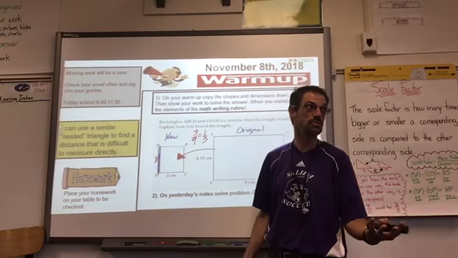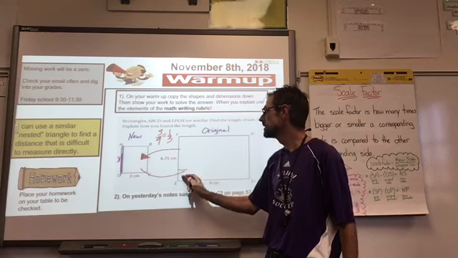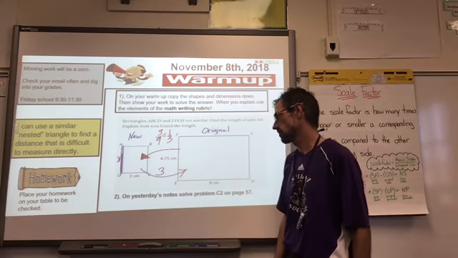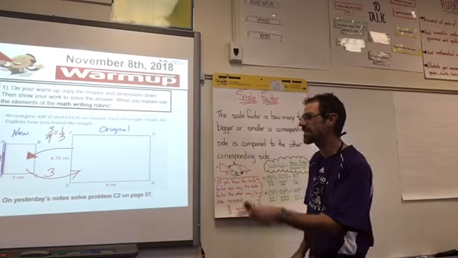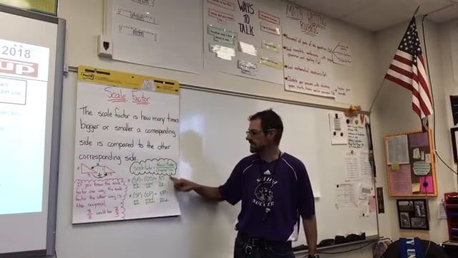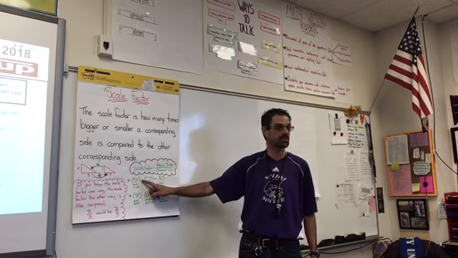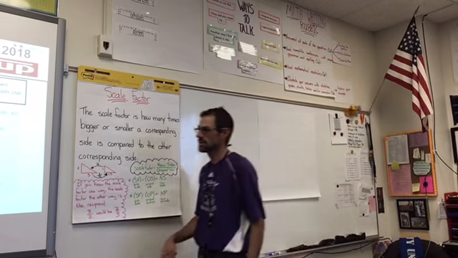Okay, so hold on. So now that I have a scale factor of 1/3 going this way, my scale factor going that way is 3. It's the reciprocal of 1/3. So now that I have my scale factor of 1/3, I can come over here and use this algorithm, which is scale factor times original side equals new side.